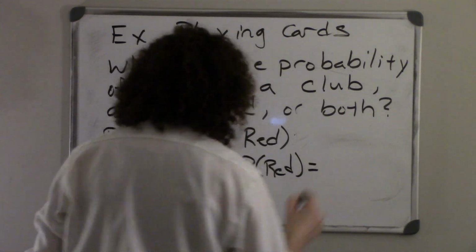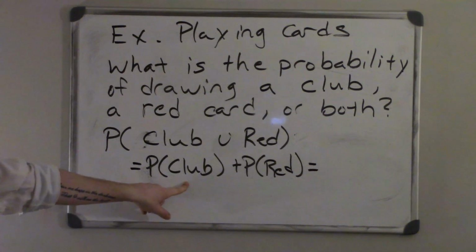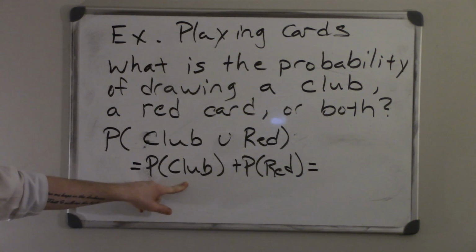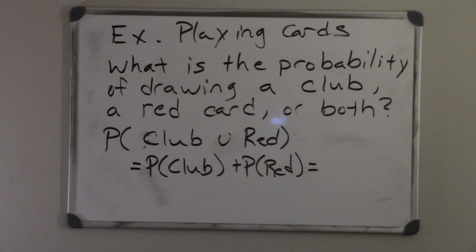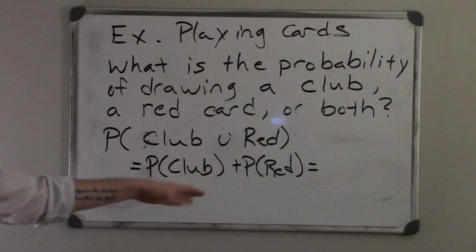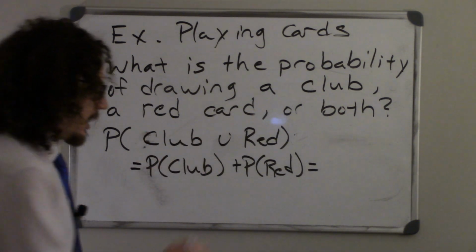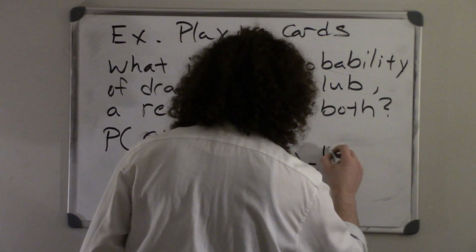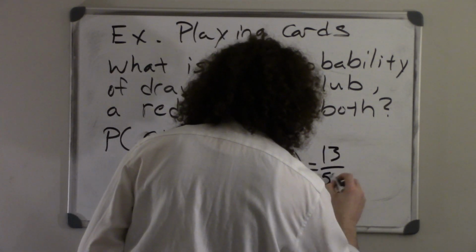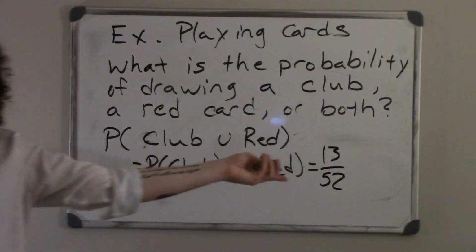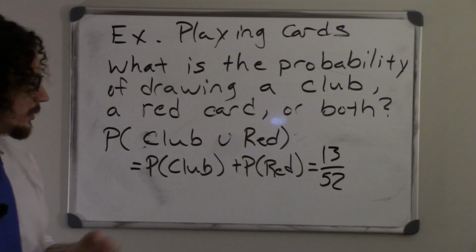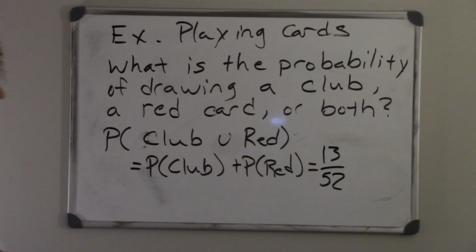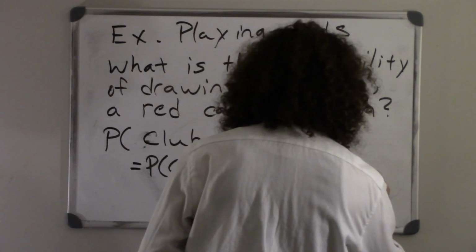To find the probability of a club, first we need to know how many outcomes are in this event. So how many cards in a deck of cards are clubs? Well, it's one of the suits, so a quarter of them, and a quarter of 52 is 13. We could write 0.25 or 1 over 4, or we could write 13 over 52.